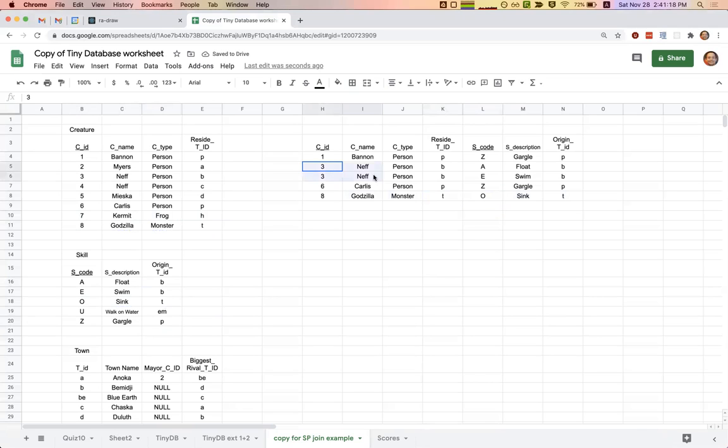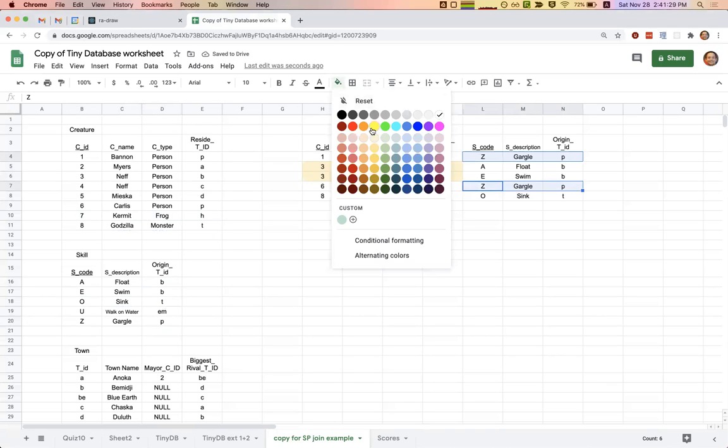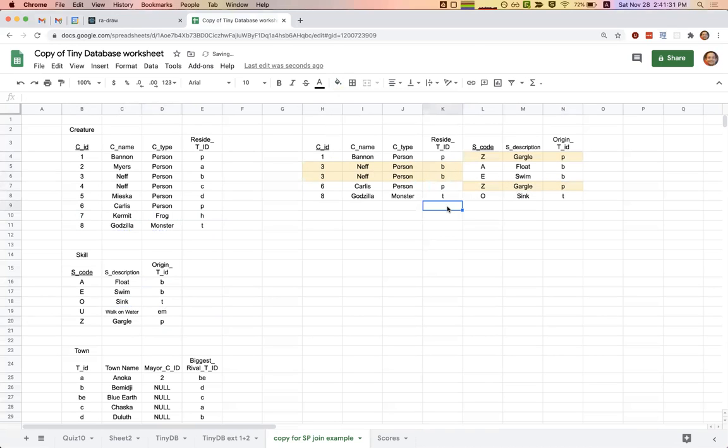Now we can see again what happened here. Creature 3 data residing in town B has repeated, and also the gargle skill has repeated. And so this is even a trickier situation than the last one, because in this result, we have no single column that has unique values within it alone.